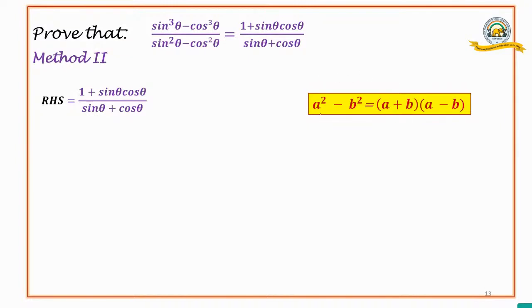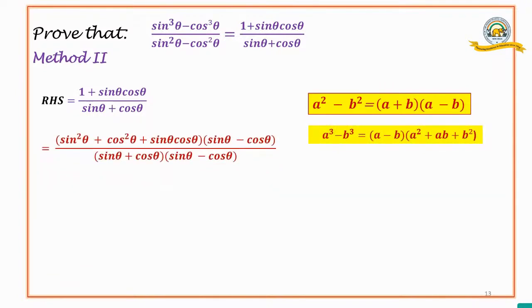So, I have got my a plus b, that is sine theta plus cos theta. So, I need a sine theta minus cos theta. Again, numerator, denominator, if I multiply by the same thing, the fraction does not change. So, I'm multiplying the numerator and denominator by sine theta minus cos theta.